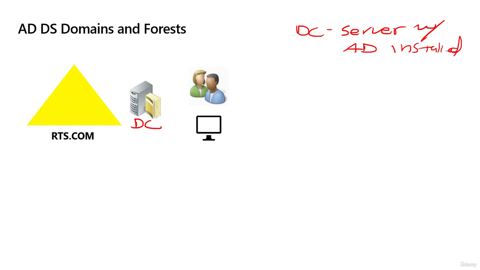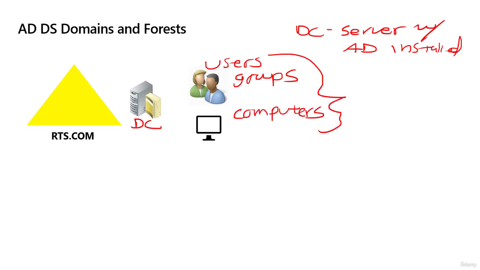When I go to the Active Directory software, I can create users, groups. You can join computers to the domain. Now, we will collectively just refer to all of those as objects. Those are the things that you can create, manage, delete within Active Directory itself.